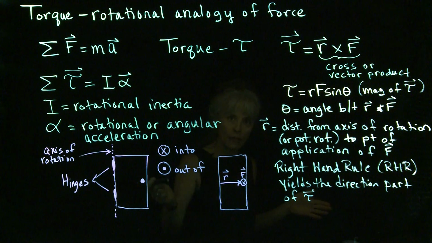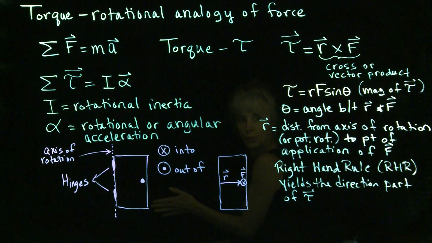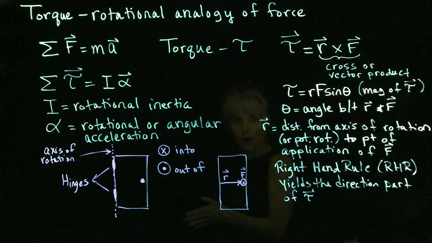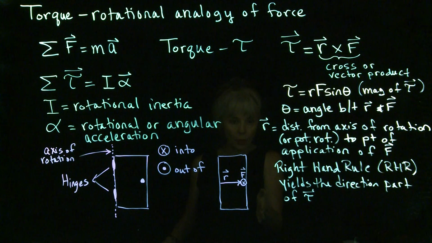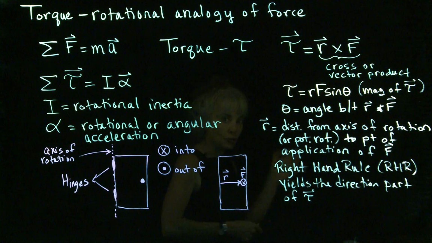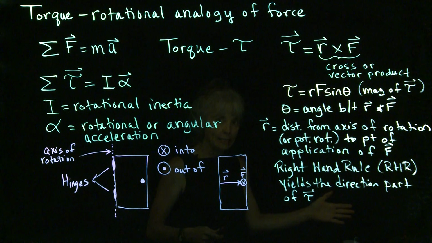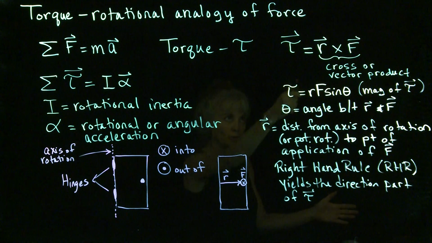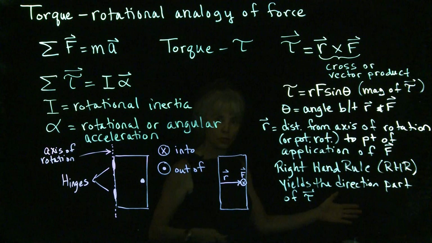Notice if R instead pointed the other way, then I would be putting my hand in this direction. If R pointed out of the board, then I would be putting my hand in this direction. If R pointed away from the board, I'd be putting my hand in this direction. So you start off putting your entire hand in the direction of the first vector. So R pointing to the right, my right hand now points to the right.